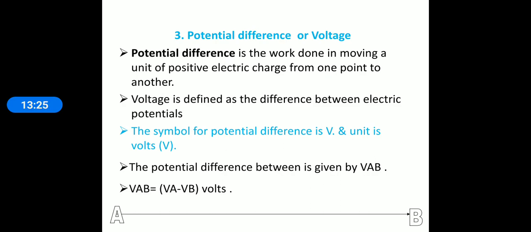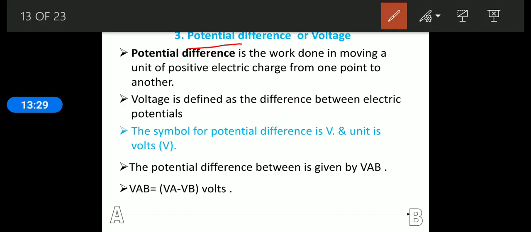Third, electrical quantities are potential difference or voltage. It is denoted by V, and it is measured by the voltmeter. Voltage is measured by voltmeter, current is measured by ammeter. What is the potential difference? The potential difference is the work done.